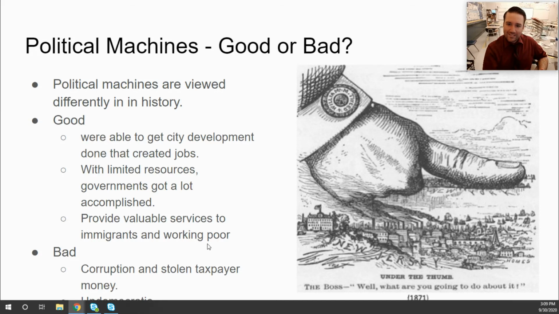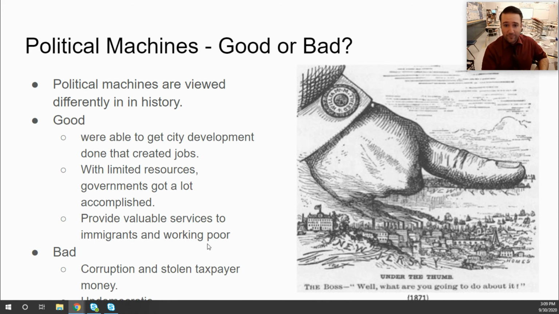But when you look back on history and we judge what happens in history, we can really ask ourselves, were they good or were they bad overall? And so political machines, you can say they were good overall for helping build this country and organizing city governments and so forth.